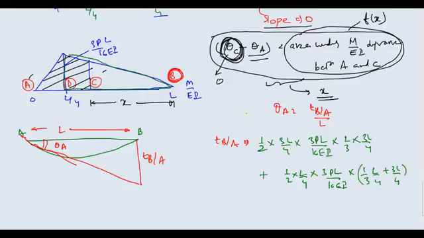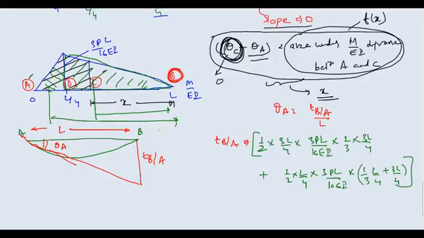It is nothing but this green area multiplied with the CG from point B, and similarly the small triangle area multiplied with the distance to this point C.